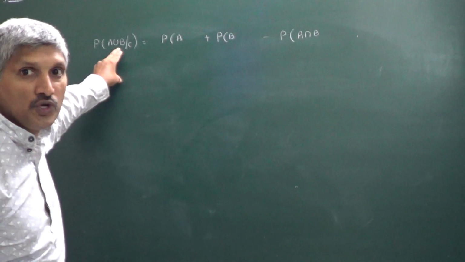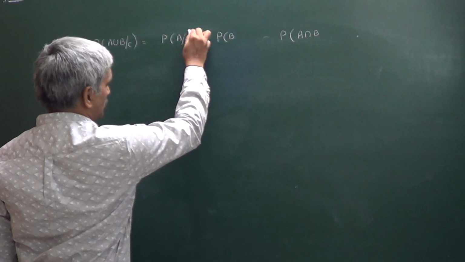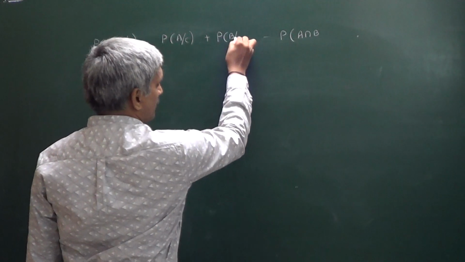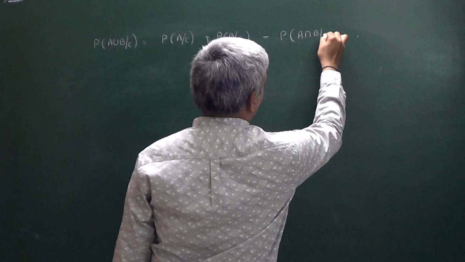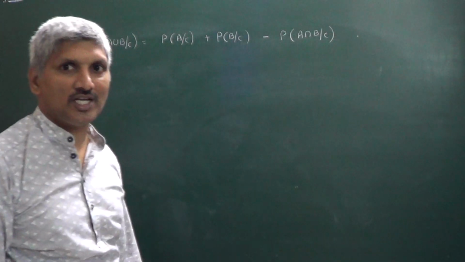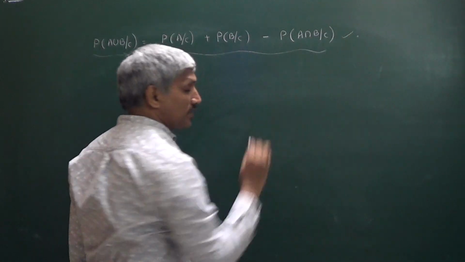So P(A ∪ B | C) is equal to P(A under the condition C) plus P(B under the condition C) minus P(A ∩ B under the condition C). Now this result I am also going to prove.